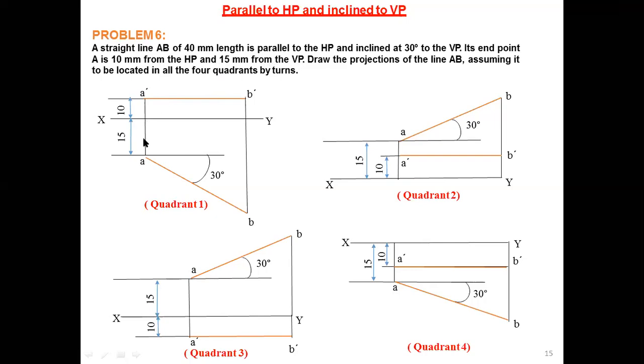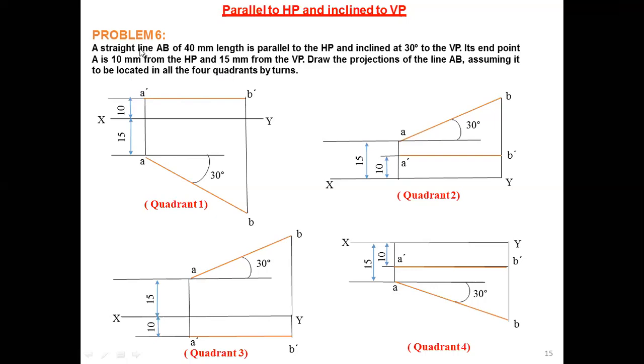So from here take 15 mm down, draw the locus line, and after that draw one straight line. This end A will be fixed. In the top view it is A. In the front view it is A dash.